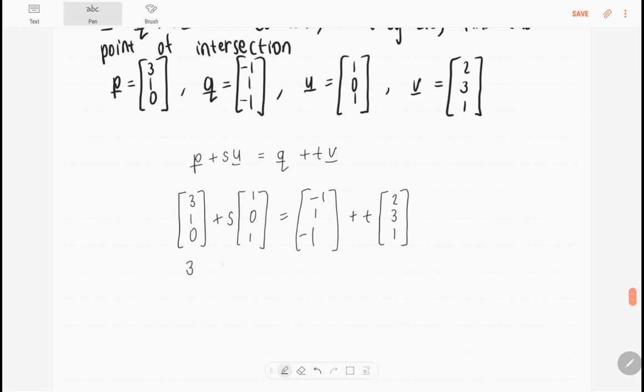So I have 3 plus s equals minus 1 plus 2t, then 1 plus s times 0 equals 1 plus 3t, and then 0 plus s equals minus 1 plus t.